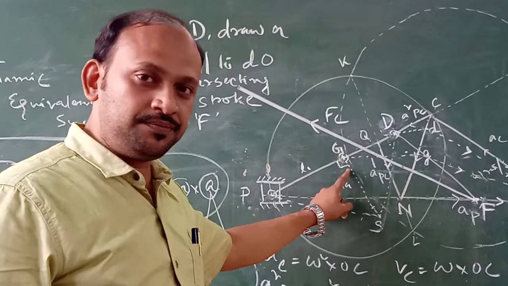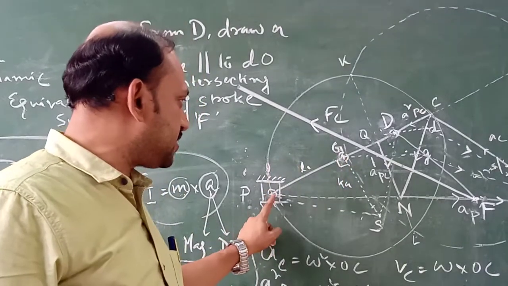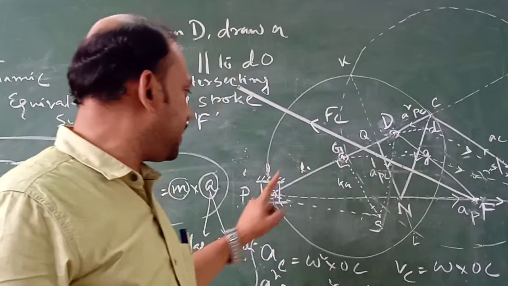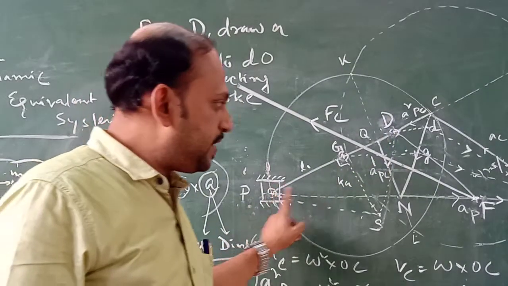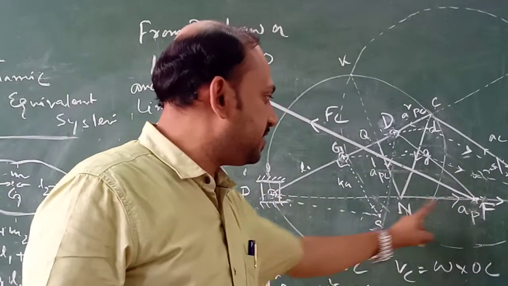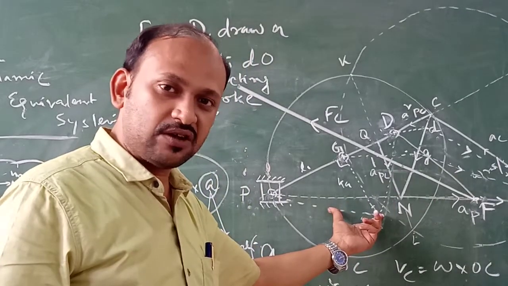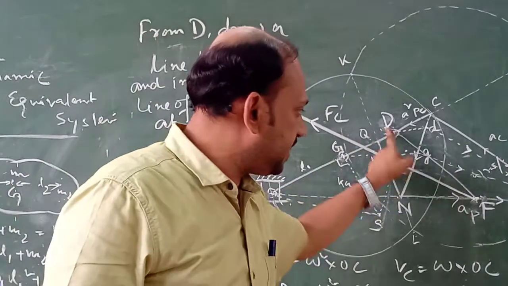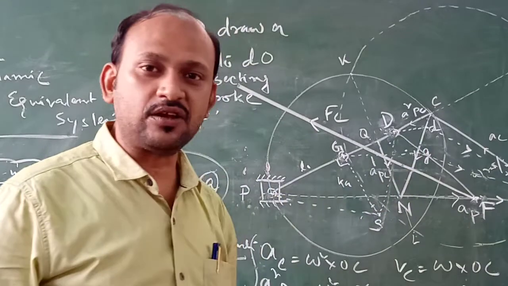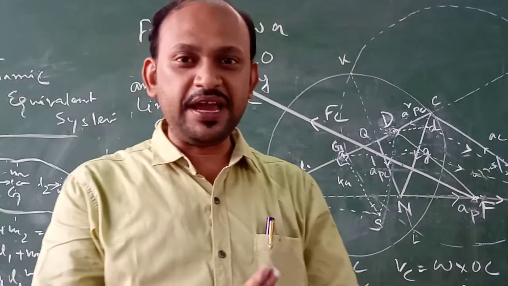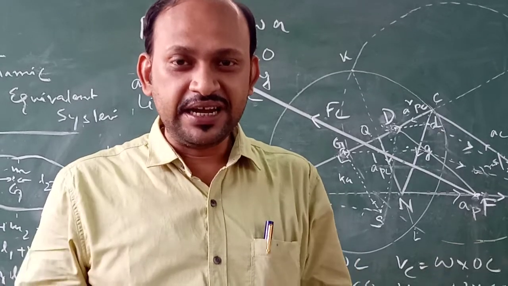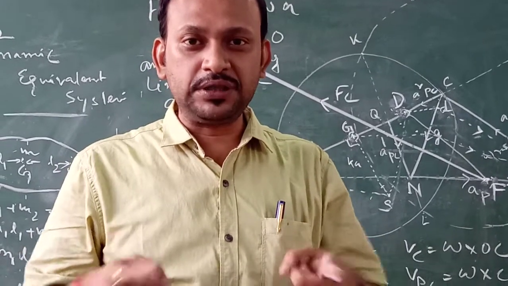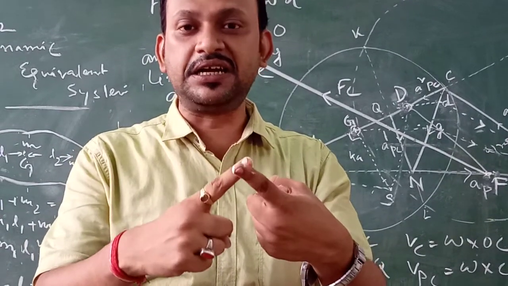Same thing we have applied here. We have divided this mass into two independent masses at P and D, and you see that this line is representing the tangential component, and this line D to F is representing the radial component. So from the main mass we are finding out the component of both the masses, and we see that the components for both the masses intersect at a certain point.